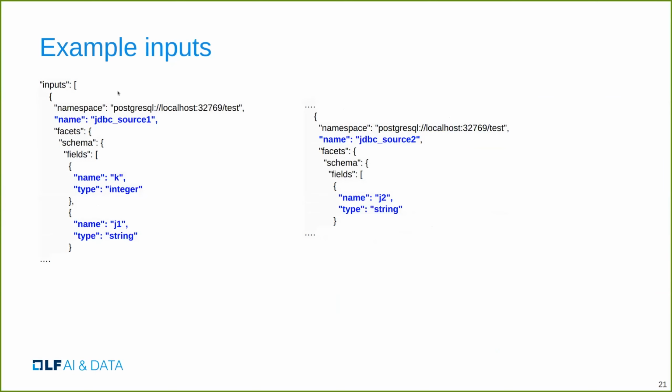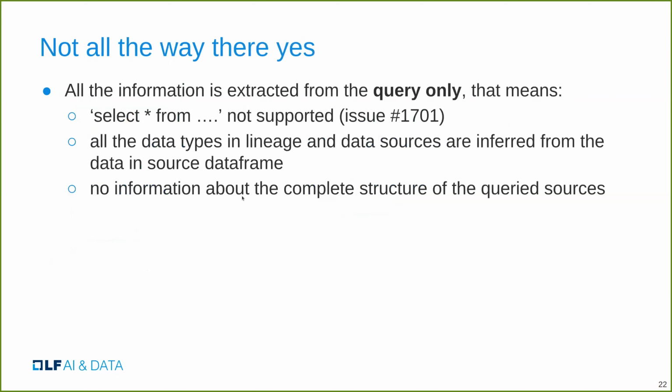And for our inputs, instead of having only the complex keyword, we have JDBC source 1 and JDBC source 2 defined, and which columns we have taken from each source. Sorry, there is a typo here.